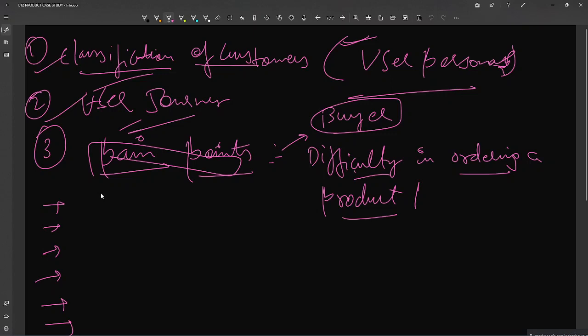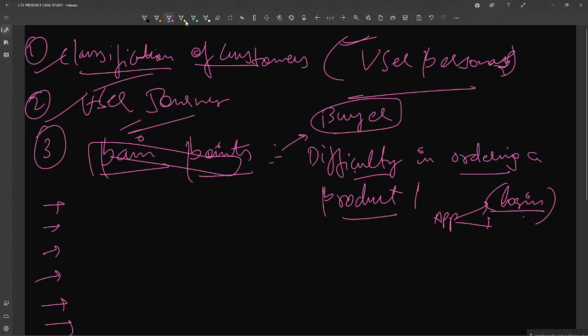For any app in this market, you have to do a login. So you are forgetting the password of login. Do you think it is a pain point of e-commerce as a product, or is it common across apps? Yes, it is common.